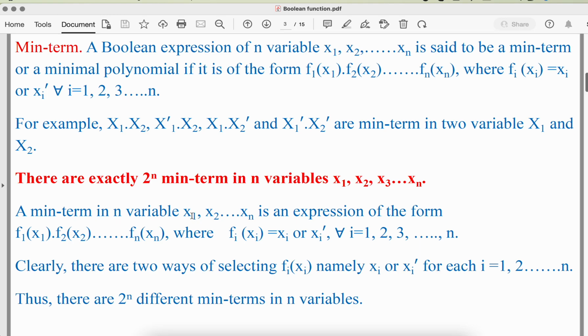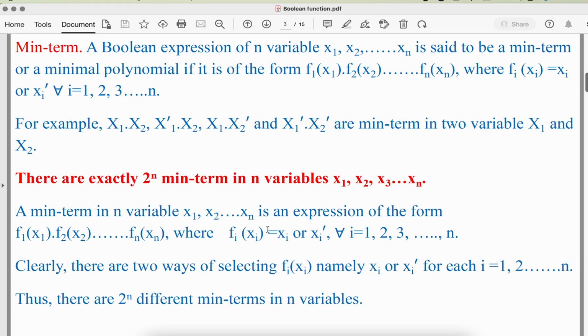A min term in n variables is an expression of the form f1(x1) f2(x2) ... fn(xn), where fi(xi) is equal to either xi or the complement of xi for all i equal to 1, 2, 3 up to n. This is by the definition of min term. So clearly there are two ways of selecting fi(xi). Either it is xi or it is the complement of xi, means xi', for each i equal to 1, 2, 3 up to n.